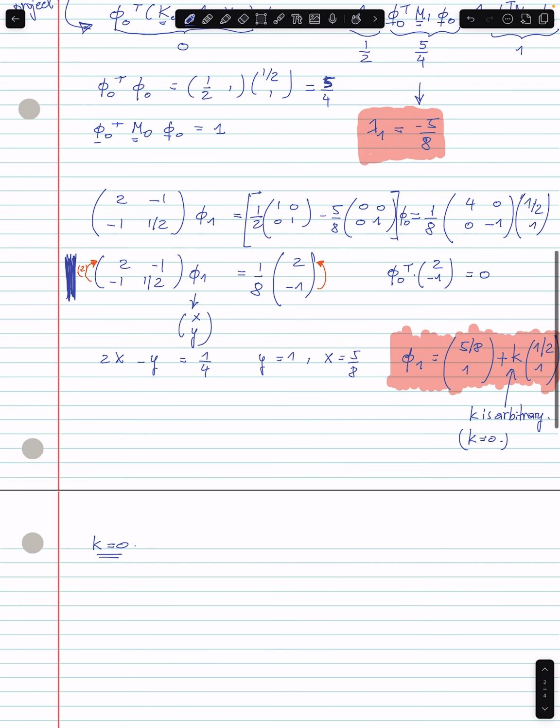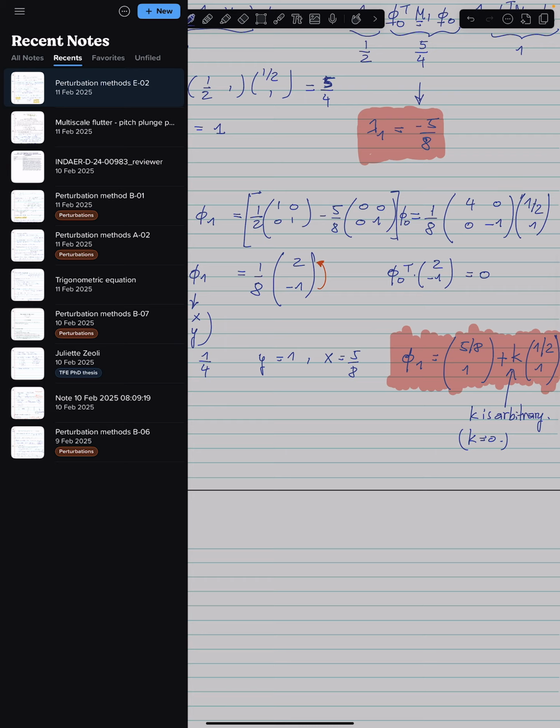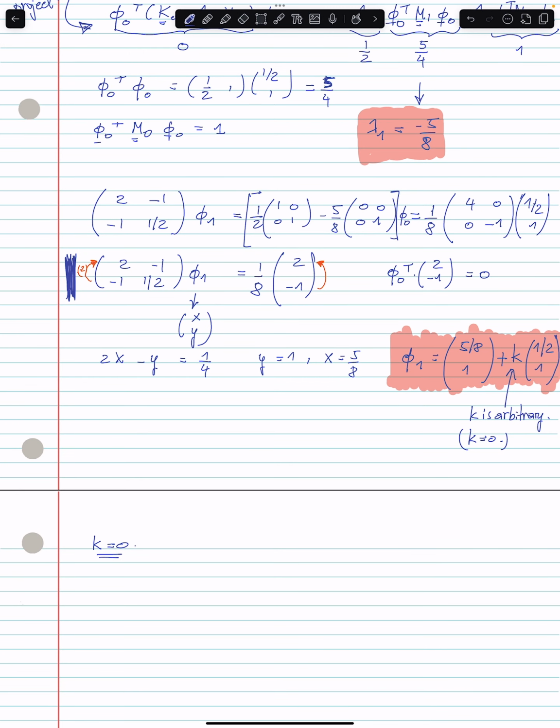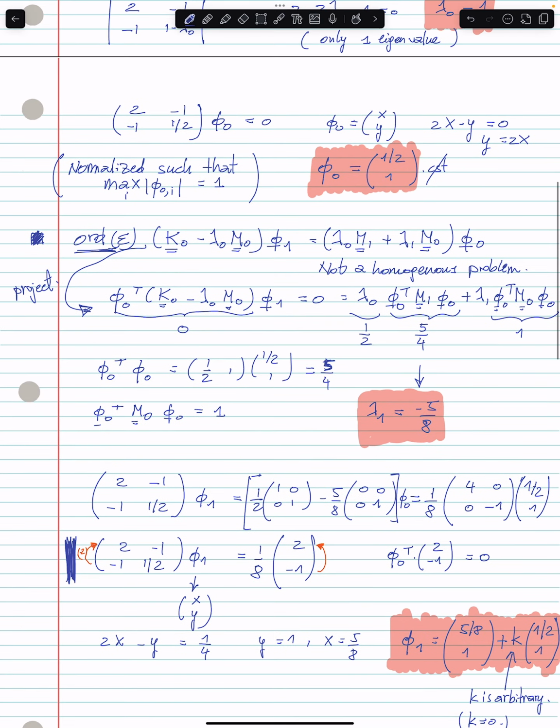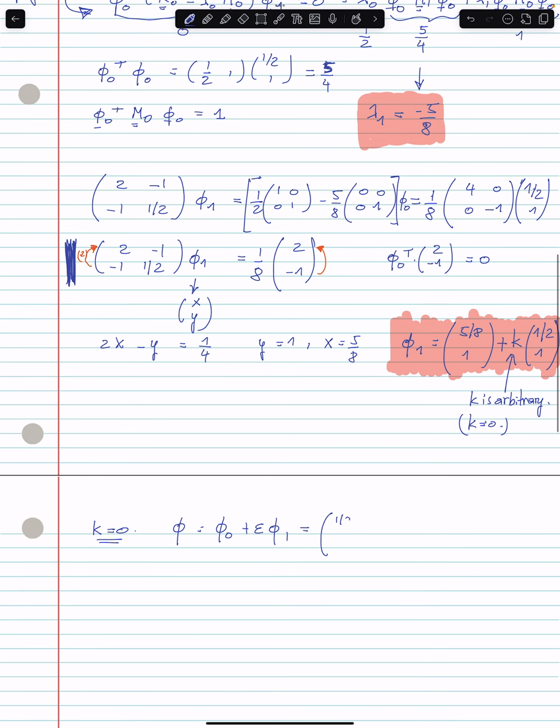So we have the eigenvector phi is phi 0 plus epsilon phi 1, and phi 0, we have just seen, is 1/2 and 1, plus epsilon times phi 1. I just chose k equal to 0.